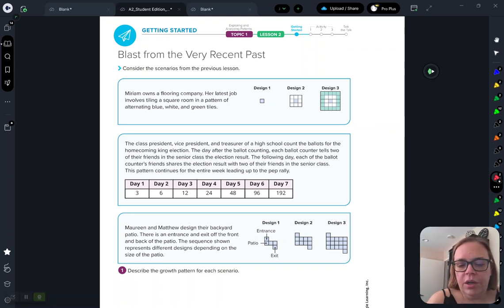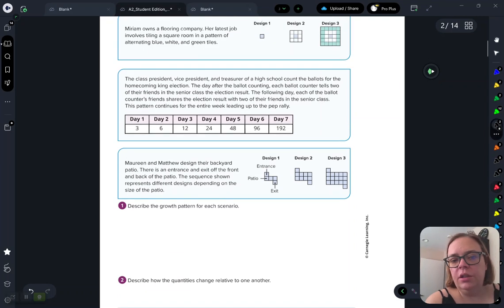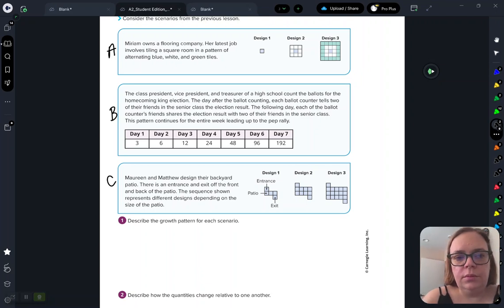So what we want to do is describe the growth pattern for each scenario. I'm going to just call them scenario A, B, and C. And we can look at them individually. So let's do A, for example.